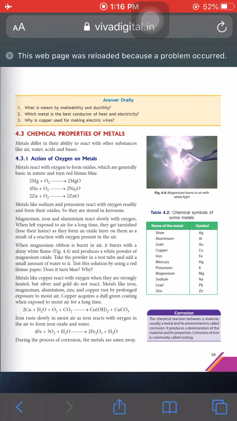Okay, when iron is kept under sunlight or rainfall, it gets corrosion.